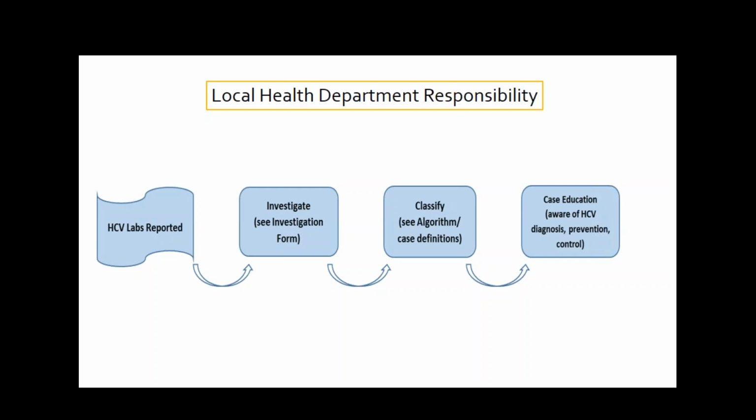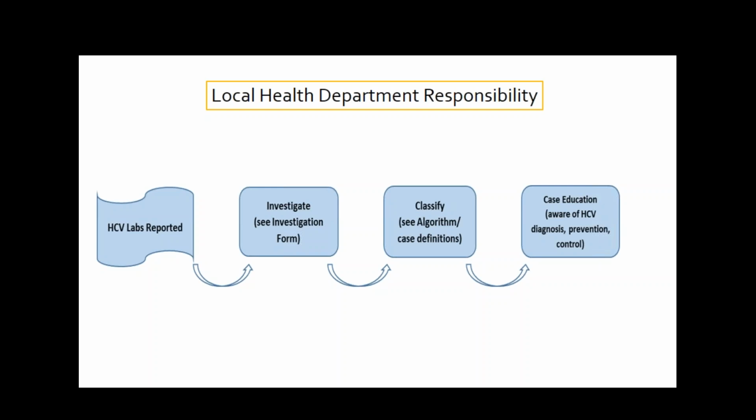The expectation is that the local health department would investigate the case to collect sufficient information needed to diagnose the case as acute or chronic or perinatal, as well as to accurately report demographic information and the case's risk factors.